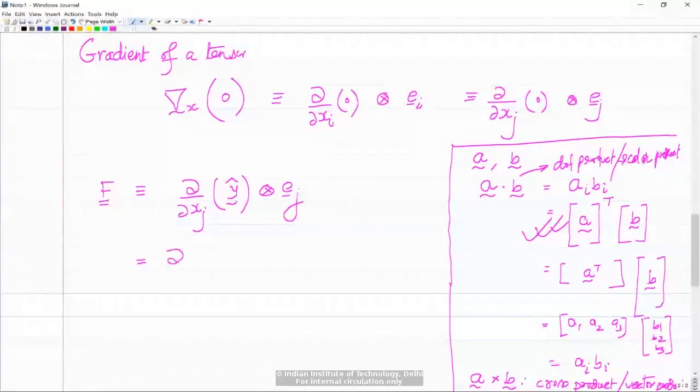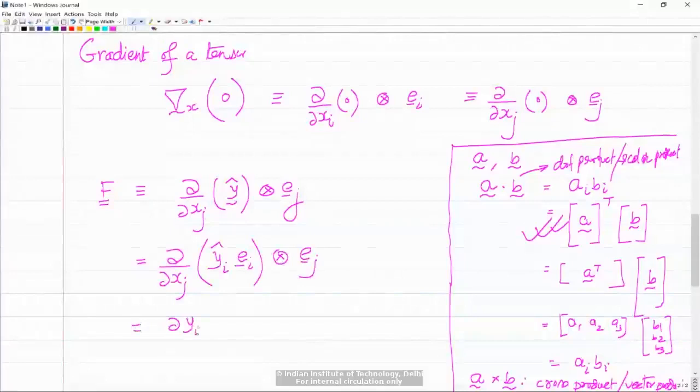So I can also write it as del over del xj times yi hat ei tensor product ej, just decomposing this vector function, and therefore what you get is del yi hat over del xj times ei tensor product ej.